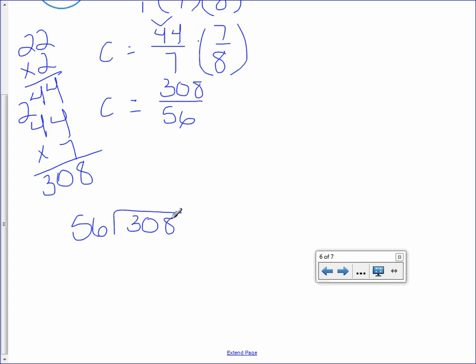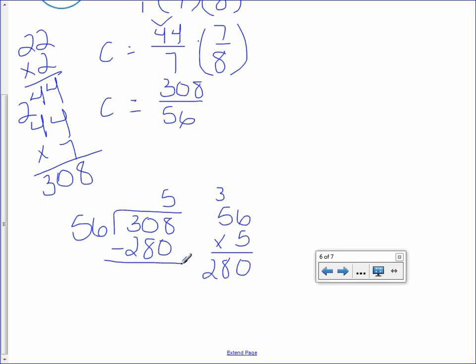Well, I would guess maybe about 5 times, so let's just see what 56 times 5 is. 5 times 6 is 30. 5 times 5 is 25, plus 3 is 28. And I think that's a good guess. If I multiplied 56 times 6, I think we'd be a little over. So let's subtract 280. 8 minus 0 is 8.